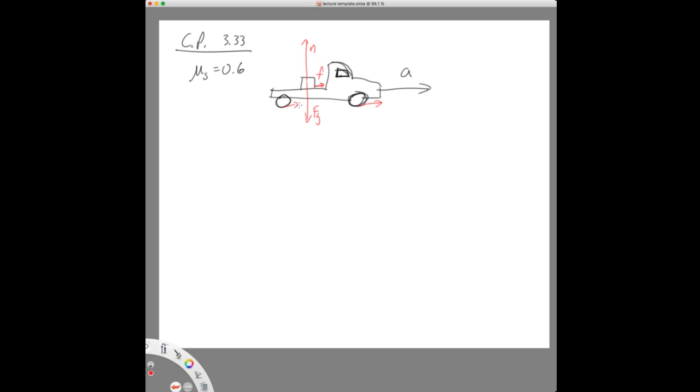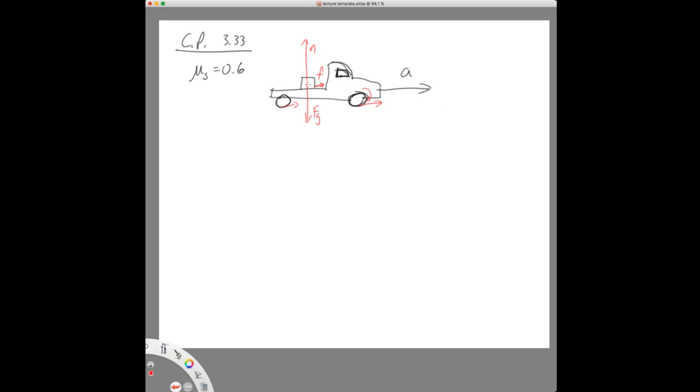So the fact that from rest the truck can start moving means the friction is in the forward direction on the tires of the truck. The tires are moving around in a clockwise fashion, and they're pushing against the ground, and they push the ground backward, and so the ground pushes the wheel forward. So we can have friction that's in the forward direction as well as resisting our motion.